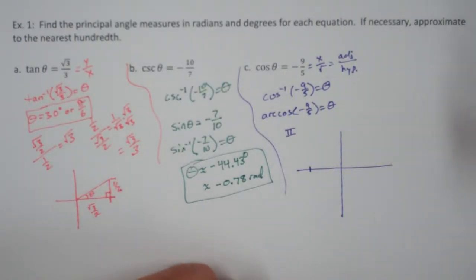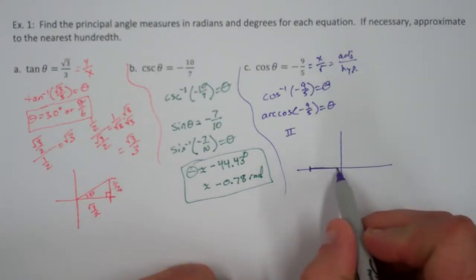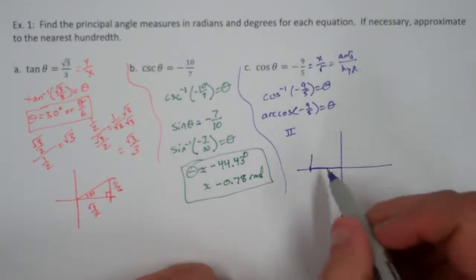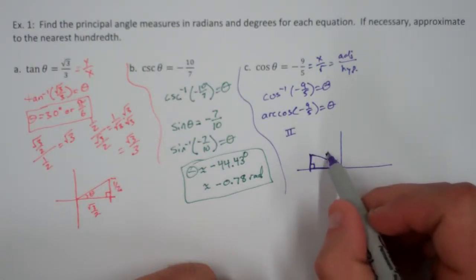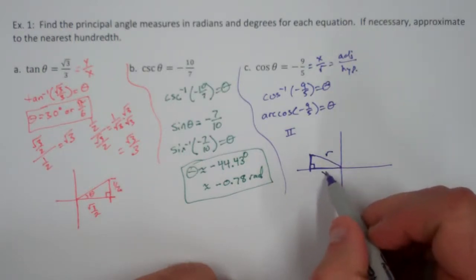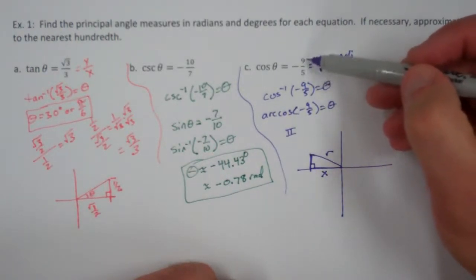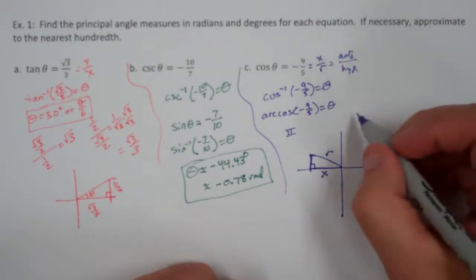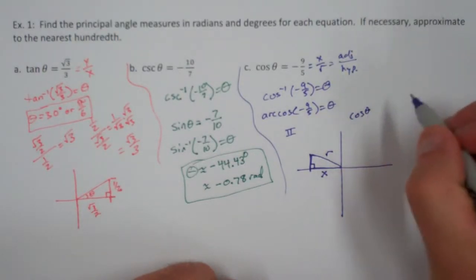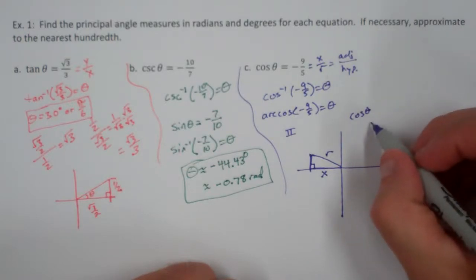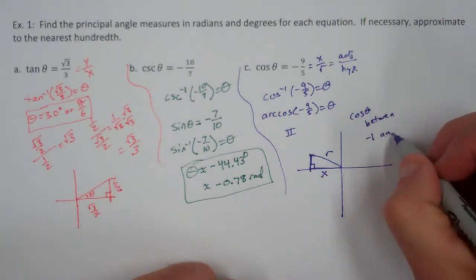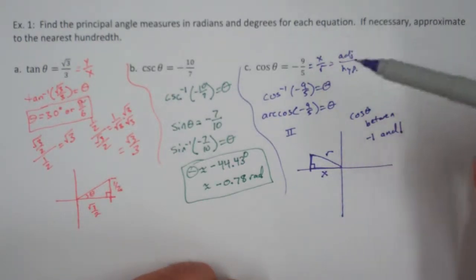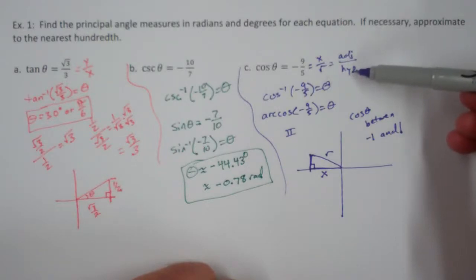It's not possible to do that because the adjacent side right here, if we try, maybe we draw a triangle here, we know that in a right triangle this r here is going to be larger than the x. And so this is a situation here that just cannot exist. So we need the cosine of theta to be somewhere between negative 1 and 1. The reason being is that x over r, or adjacent over hypotenuse, this leg will always be smaller than the hypotenuse.